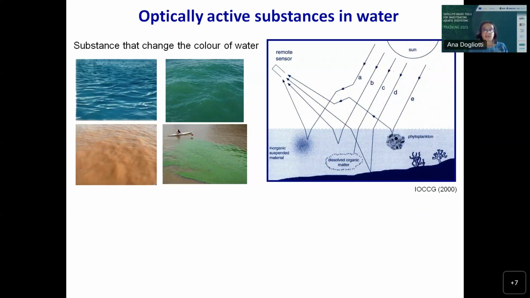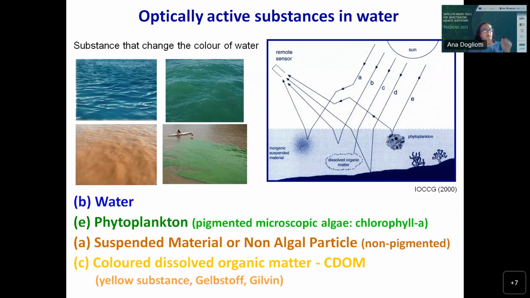Because there are other constituents that change the color, that's why we call them optically active substances in the water, because they have the capability of changing the color of the water in the visible part. For simplicity, in general, the constituents of the water body can be divided in four.